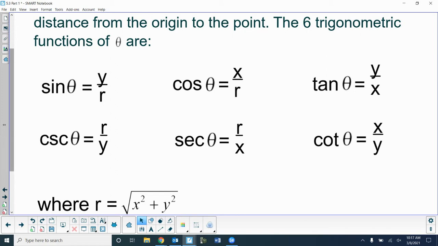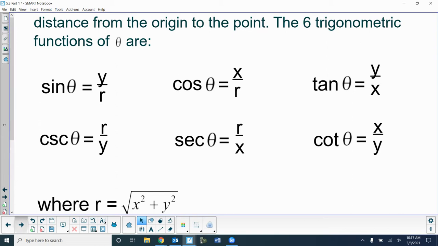X comes first in the alphabet between x and y and cosine and sine. All right, so the y goes with the sine, the x goes with the cosine. Tangent is always y over x. Think about slope. Slope formula was always the y's in the top and the x's in the bottom, right? If you want to remember tangent.